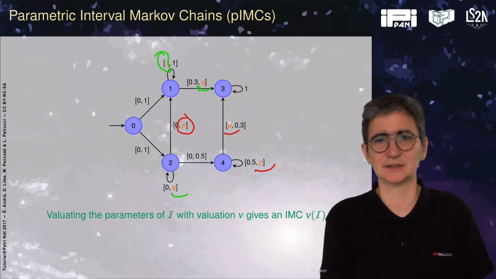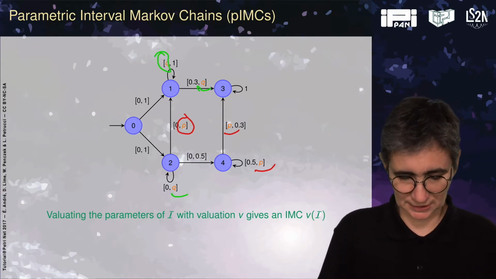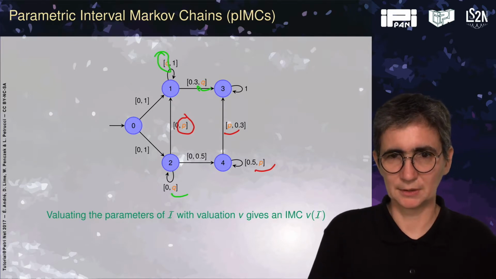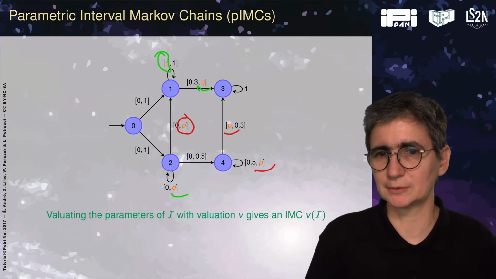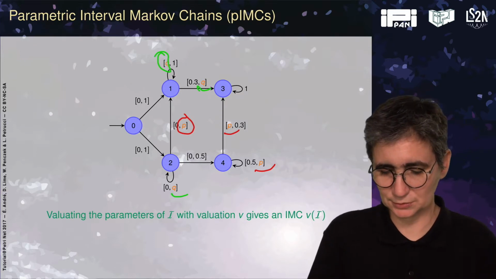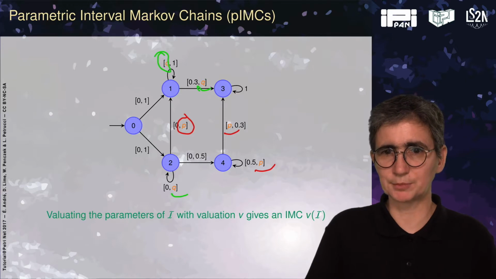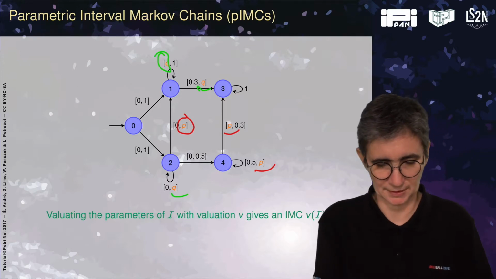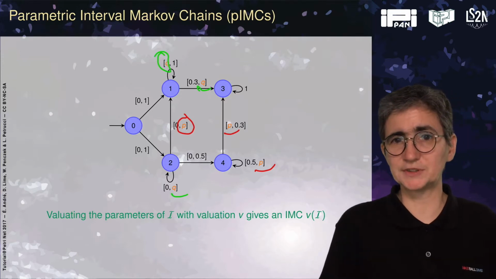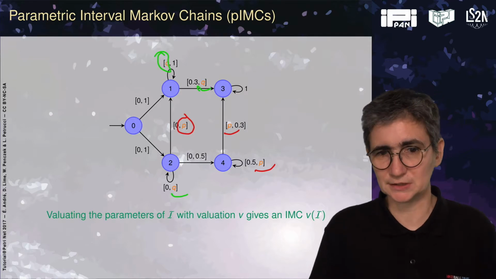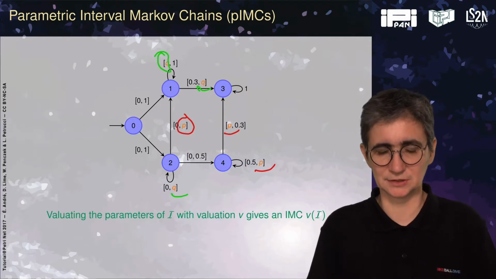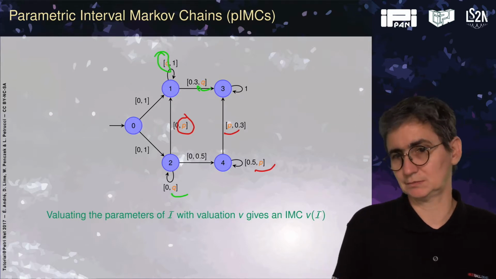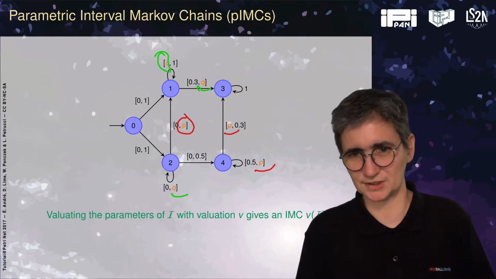That means that for exiting location 1, you can use the subloop with a probability that is between Q and 1, or exit to go to location 3 with a probability that is between 0.3 and the same Q. So in order to obtain a corresponding interval Markov chain, it is enough to evaluate the parameters, in this example P and Q, with a valuation, and it gives an interval Markov chain without parameters.